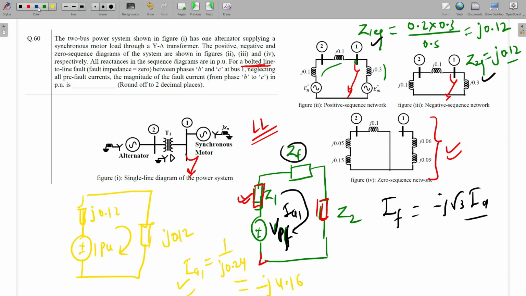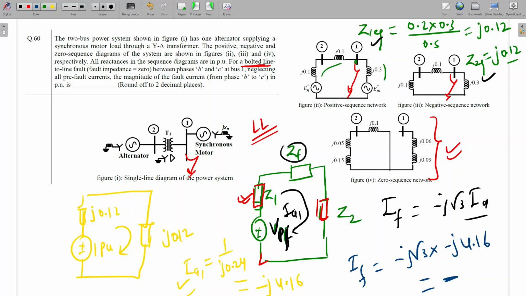What is the fault current equation? Fault current IF is equal to minus J root 3 into IA1. IA1 is minus J 4.16. Can anyone tell the final value? J square is minus 1, minus minus plus, so minus something will come. Minus 12.5? No, root 3 into 4.16, how will it be 12? Wait, I will calculate it.